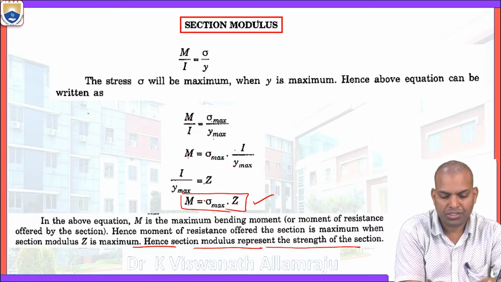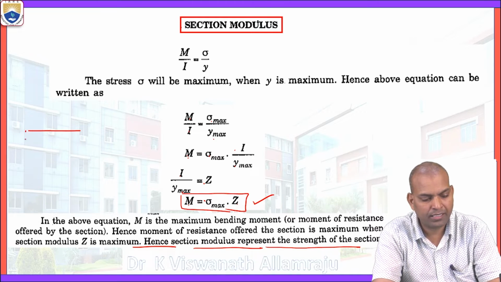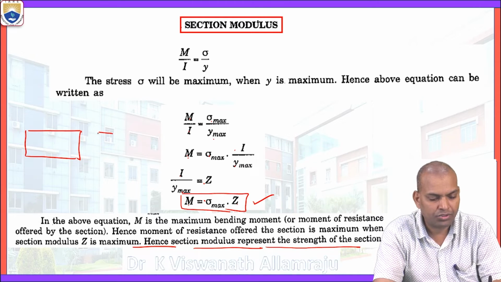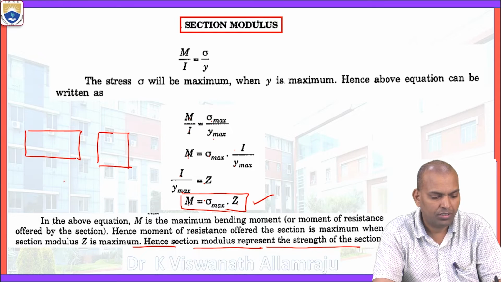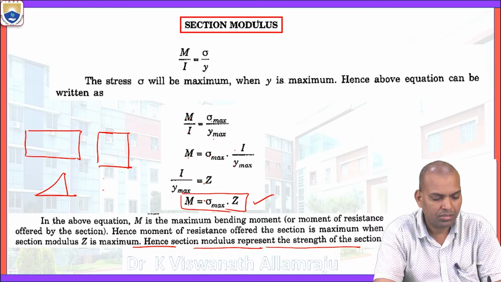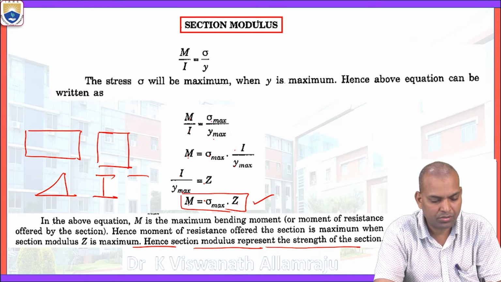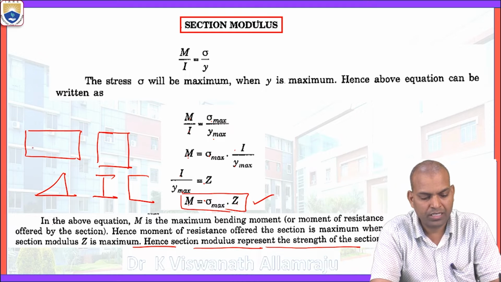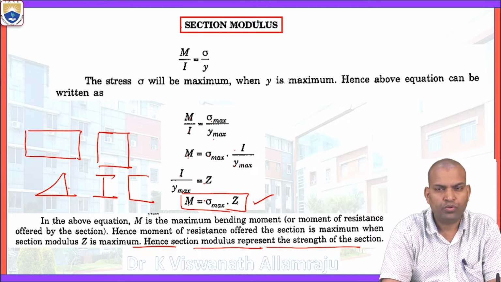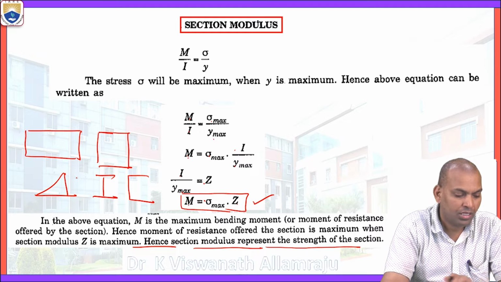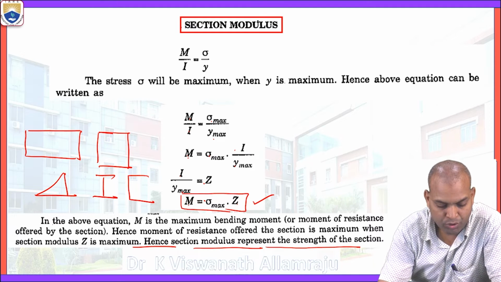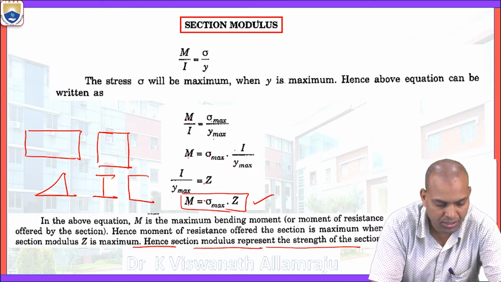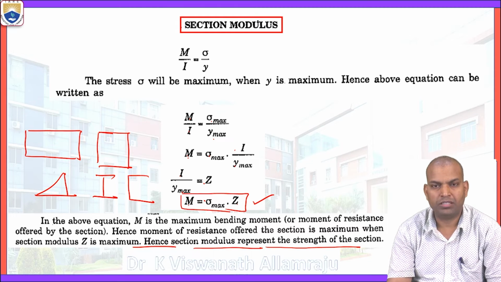At various sections, suppose there may be a rectangle, a square, a triangular cross section, I section of the beams, C section, various sections. How can you know which section is the best one? It depends upon the section modulus value. One of the parameters is the section modulus of the section.